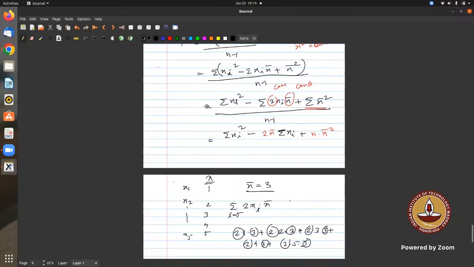And I'll sum only the xi values, 1, 2, 3, which doesn't change my equation. So this 2 is a constant, 3 is x bar, and this is the summation of xi. The same thing I have done here, 2x bar common. Until this point it is fine.